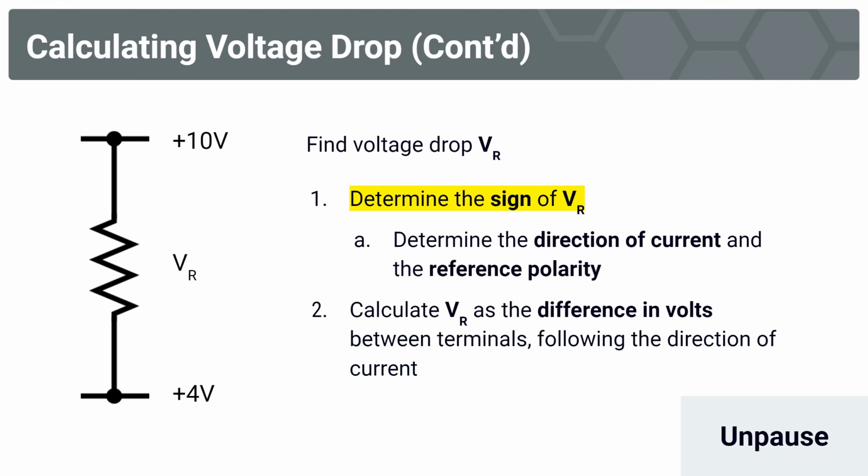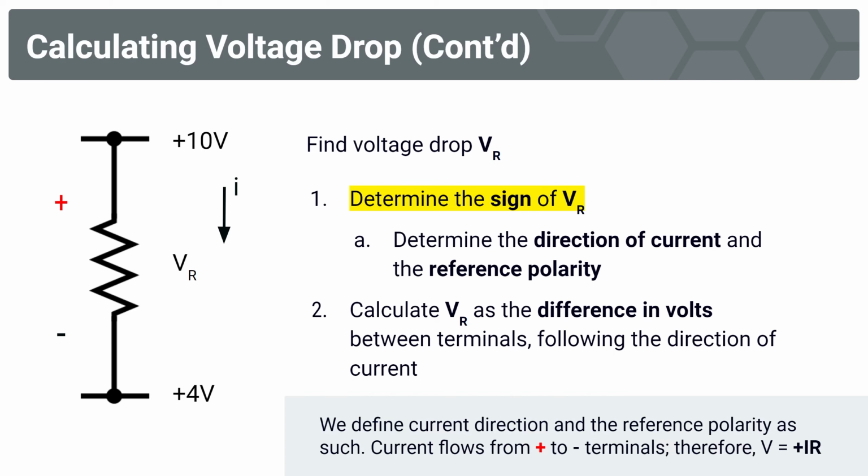Let's apply that to our example. Step 1, again, we determine the sign of the voltage drop across our branch, the resistor. We do so by defining the direction of current and defining the voltage drop's reference polarity. We're going to define the direction of current to flow from the node whose voltage is positive 10 to the node whose voltage is positive 4.